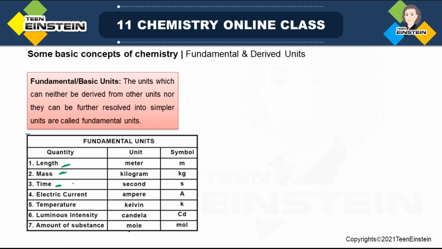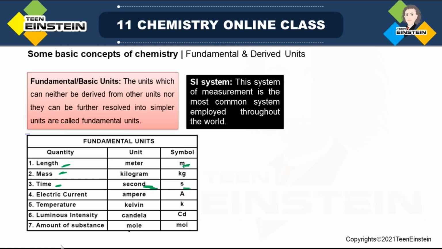Length you can measure in meter, though there are other units also, but here we have taken meter. In meter no other units are involved; the symbol is small m. Then for mass we use kilogram, kg. Then time, second, though it may be minute or hour, but when I say second, it is mentioned with the symbol s. Some other examples are also there.